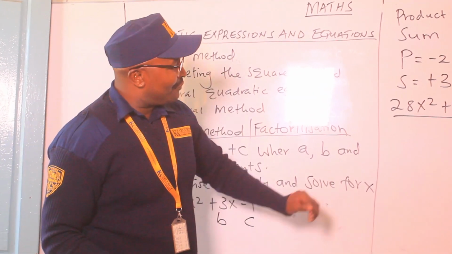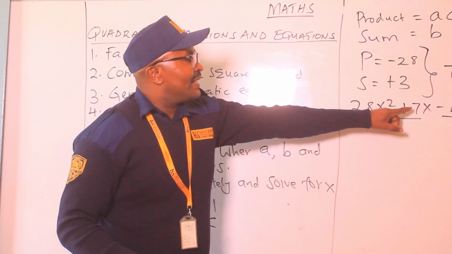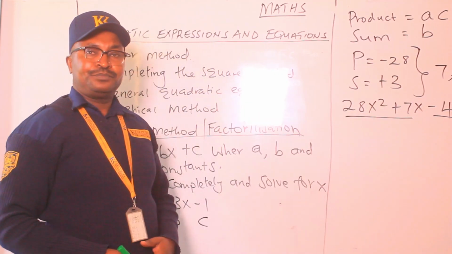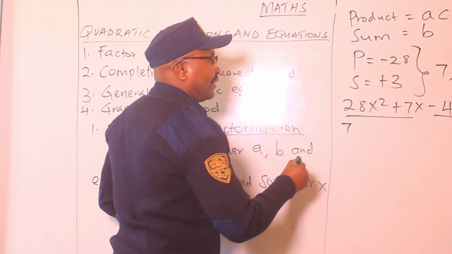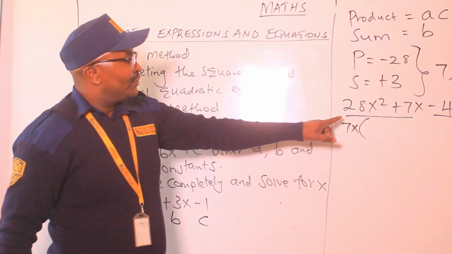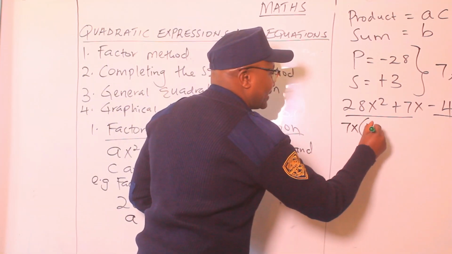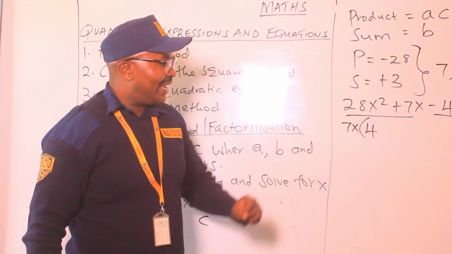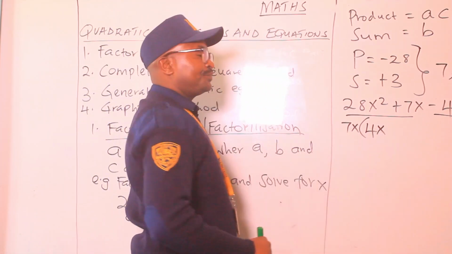For the first group, 28x squared plus 7x, what is the common divisor? We can have 7x, so that 28 divided by 7 gives 4, and x squared divided by x gives x.